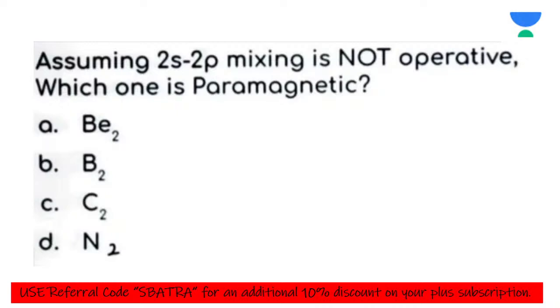What about the rest 5? There are 10 aspirants online, so you can definitely give your answers for this question. Okay, what is the question? If sp mixing is not operative, which one is paramagnetic?